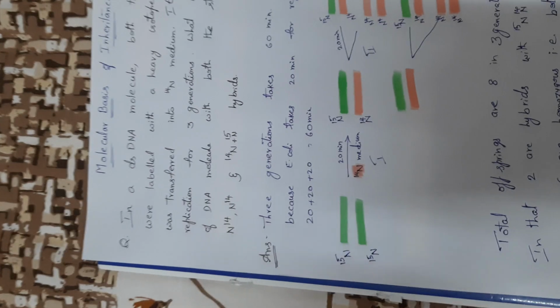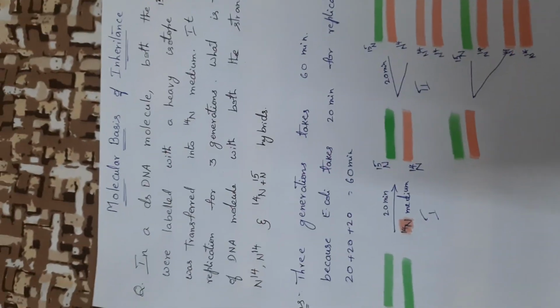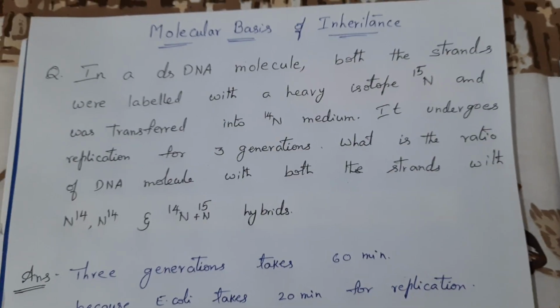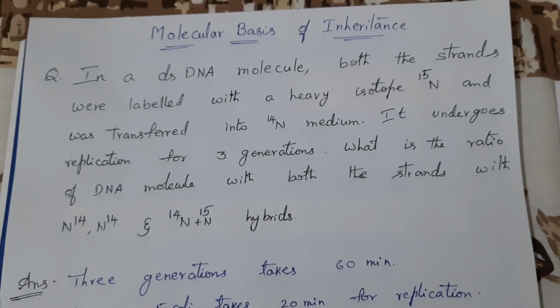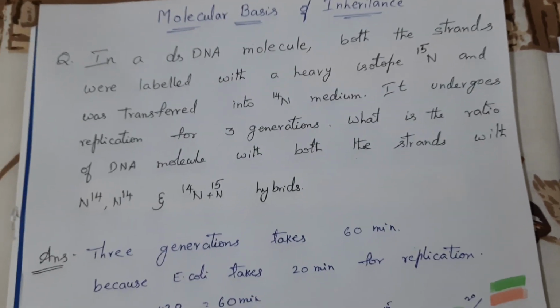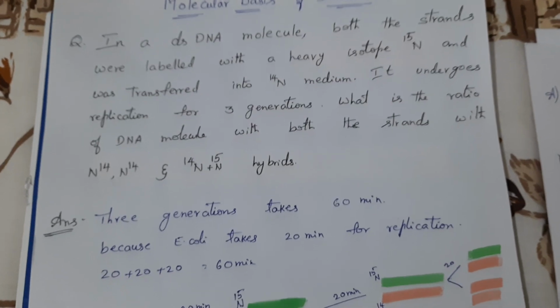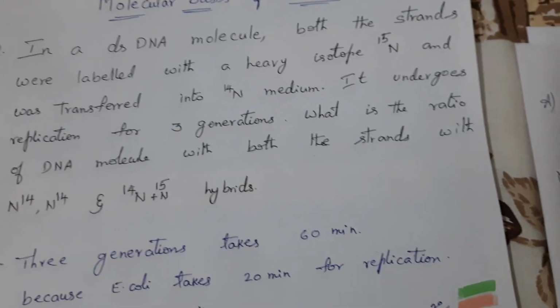In a double-stranded DNA molecule, both the strands were labeled with heavy isotopes of N15 and were transferred to the N14 medium.